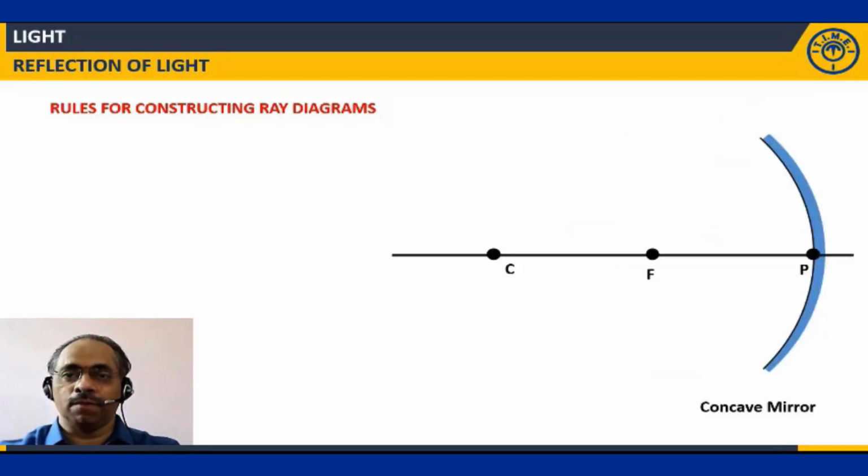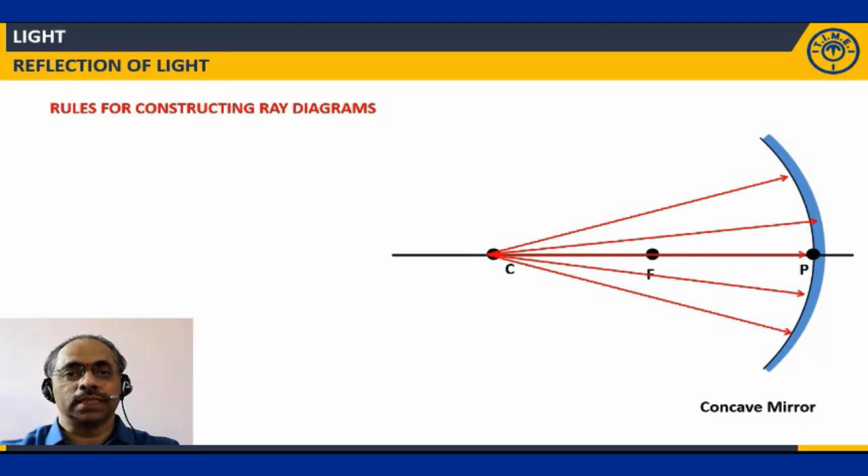This time I am taking one more time a concave mirror and I am considering a ray through the center of curvature. Any number of light rays through the center of curvature are incident on the concave mirror. In such a case, what is happening? They are again getting retraced. They pass through the center of curvature again.